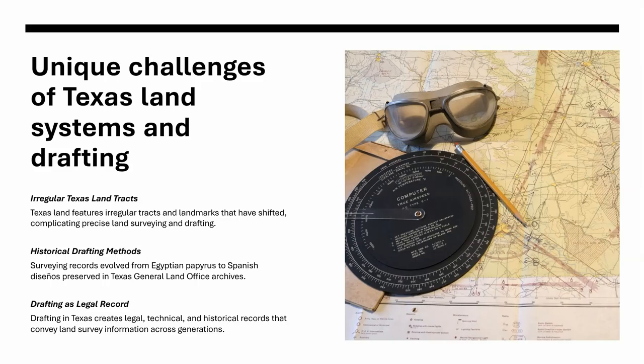This is why I've told you, the drawings you create are not simply visualizations. They are legal records, technical records, and historical records. Drafting, not in Texas, not in the US, not anywhere in the world, is an afterthought to land measurement. It's how our survey speaks. It is part of the process.